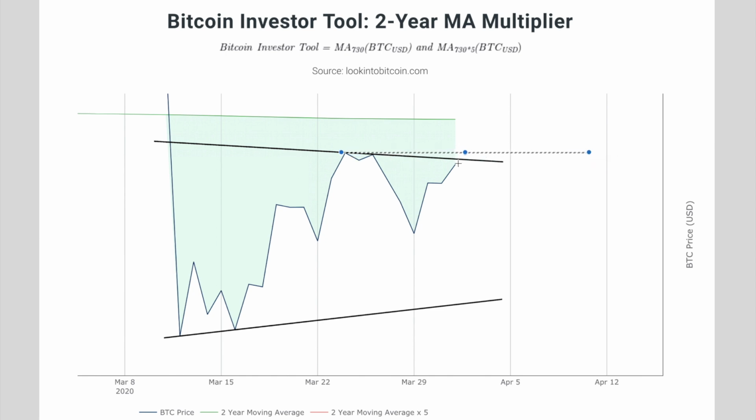Even a fake out past this diagonal resistance would still run into that resistance, because if this resistance is breached, then we'll probably revisit 7,000 to 7,200, which is the area around the 2-year moving average, which tends to figure as a resistance on the first point of contact.